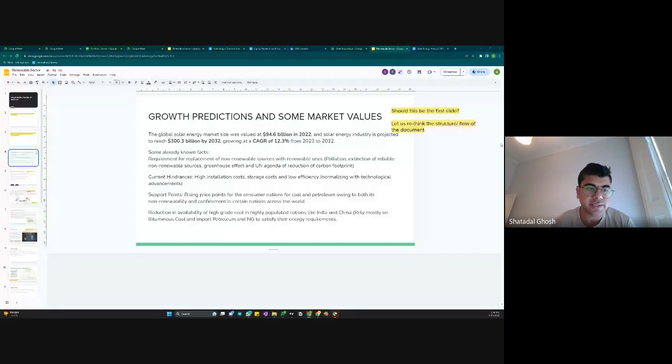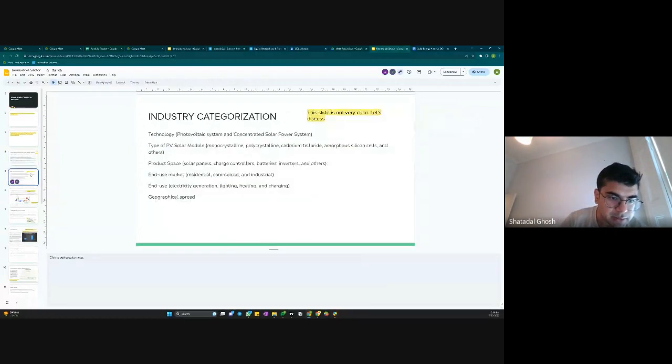Yes, that somewhat reflects in slide 5, right? What we'll talk about in the solar energy value chain is that the entire solar energy space can be divided into 5 segments.